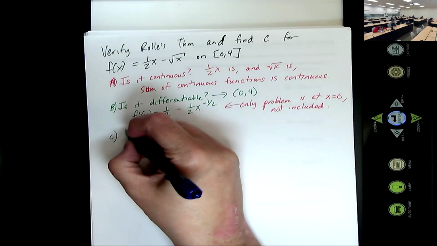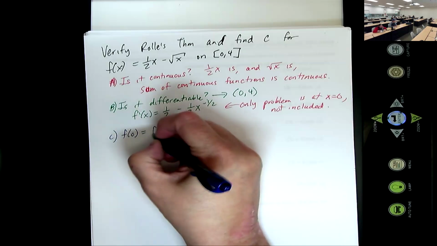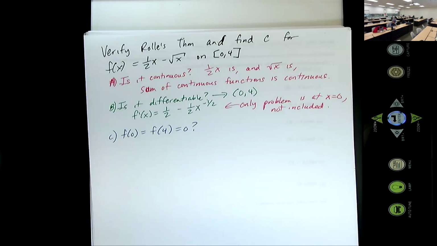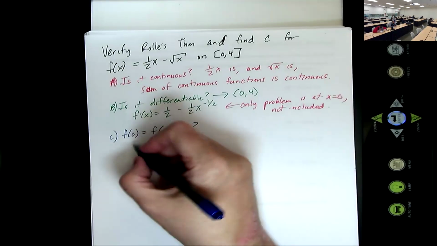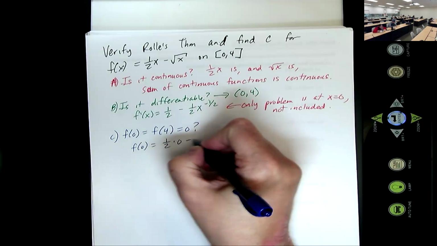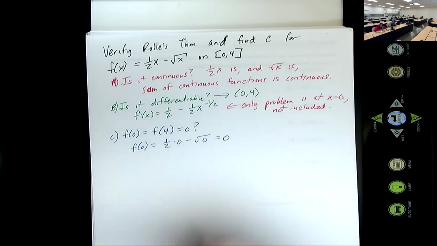And finally, does f of 0 equal f of 4 equals 0? Plug them in. 1/2 times 0 minus the square root of 0 is 0.